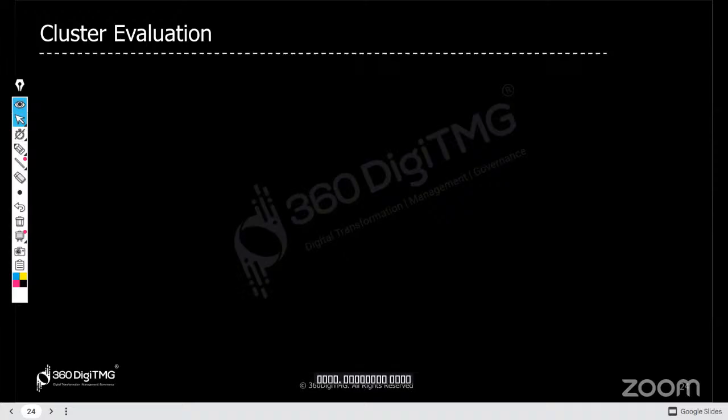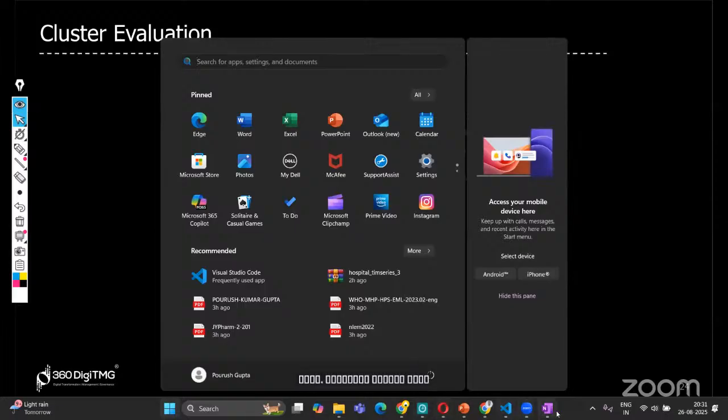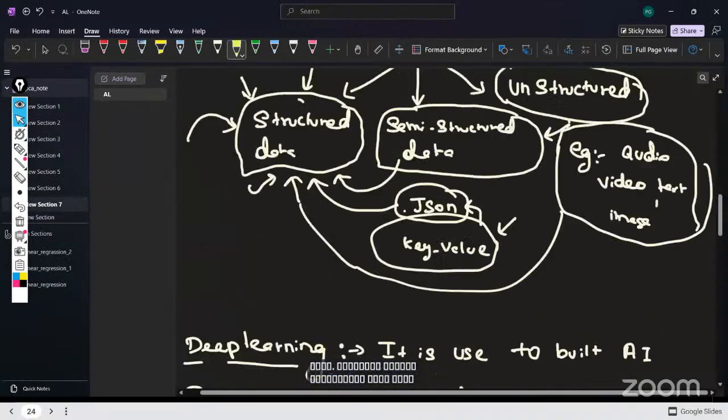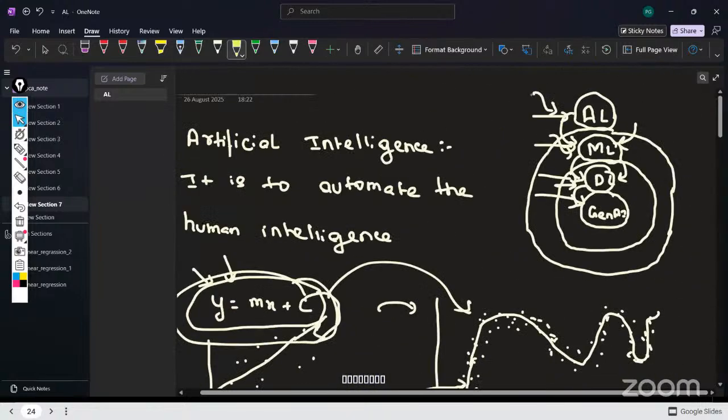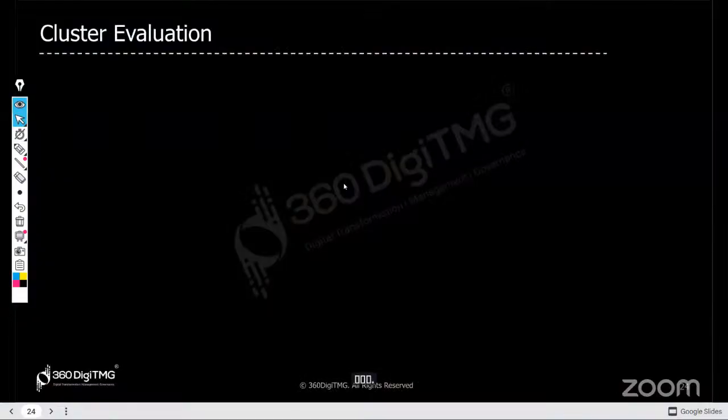What we have done here is create this notebook to classify all these models. Okay, I will share it in the WhatsApp group. Definitely, I will share it with you guys.